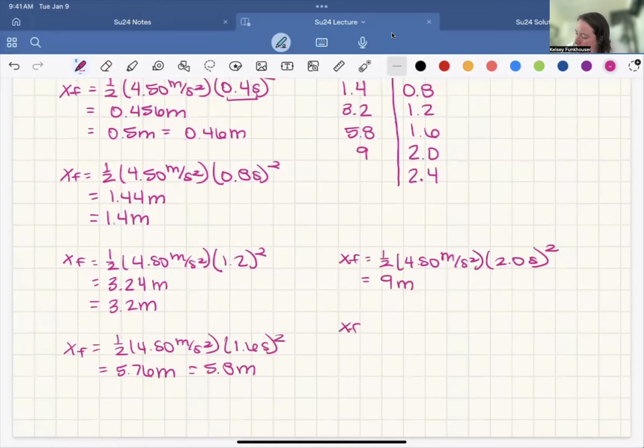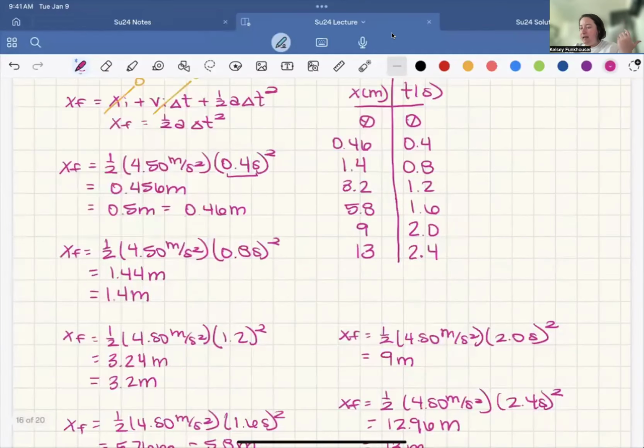And then finally, 1/2, 4.50 meters per second squared times 2.4 seconds squared. And this one is 12.96 meters. I think we have to just round this one to 13 meters.